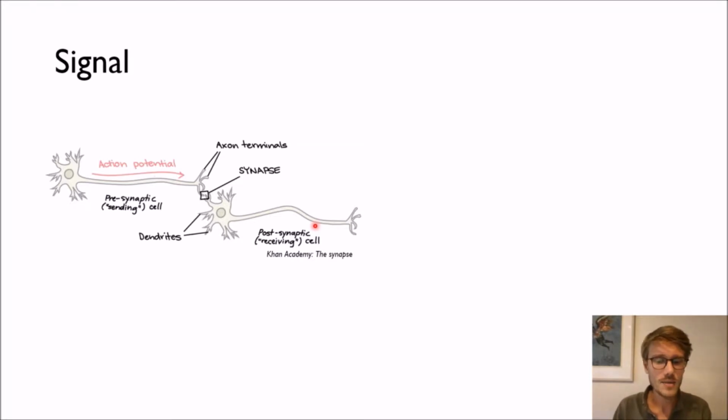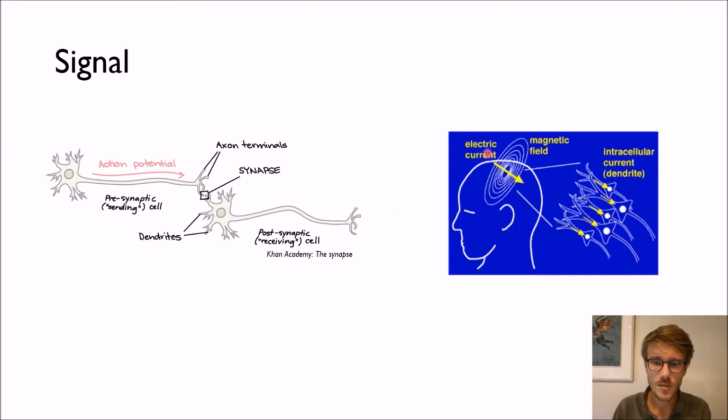And this small electrical current also generates a small magnetic field. So if this arrow would represent our postsynaptic cell, the current would flow in this direction, which means that it generates a small magnetic field that flows outward from the electrical current. And this small magnetic field that is generated by our single postsynaptic cell is way too small to be detected by modern MEG systems.